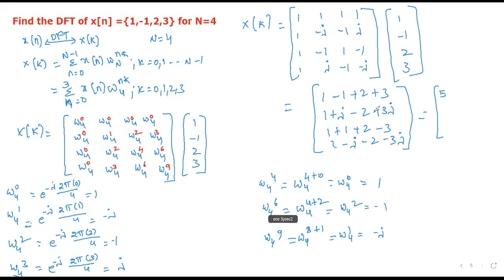That gives 5, minus 1 plus 4j, 5 minus 3, sorry, 4 minus 3 is equal to 1, and this is minus 1 minus 4j.